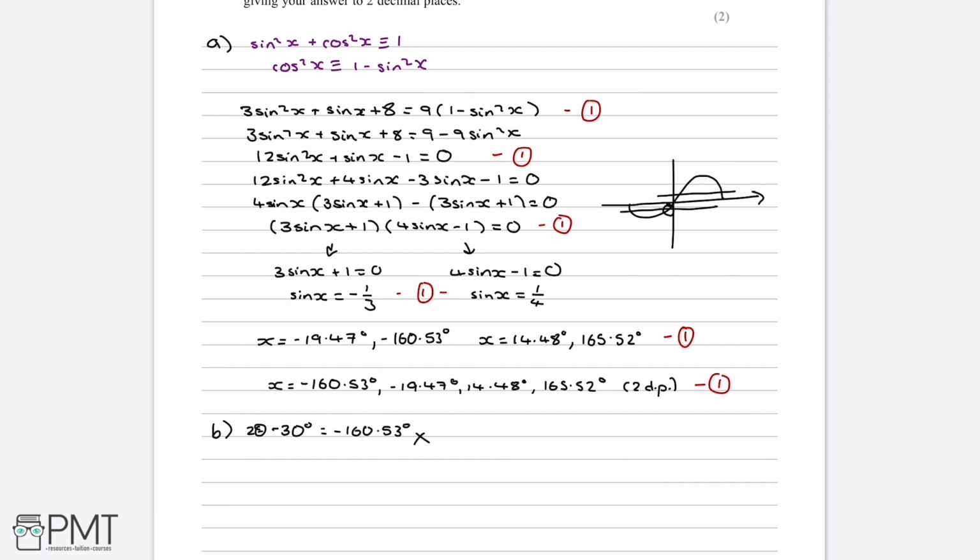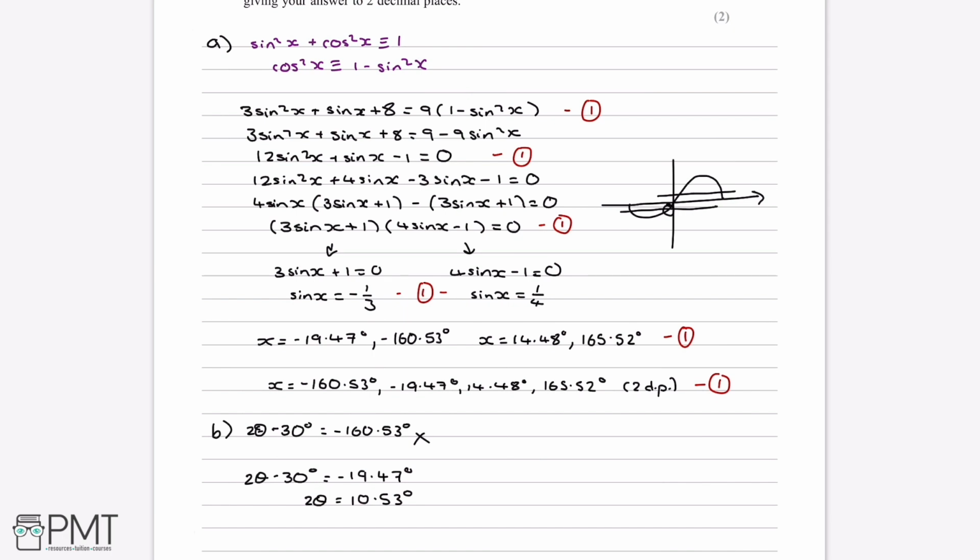So the next smallest number is minus 19.47. If we were to use this and try adding 30 degrees to both sides, you can see that we do end up with a positive number. We get 10.53 degrees to two decimal places.